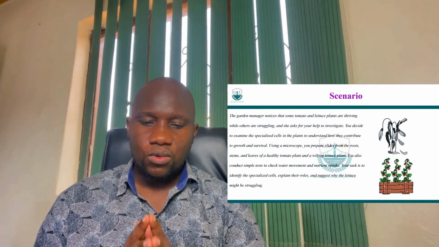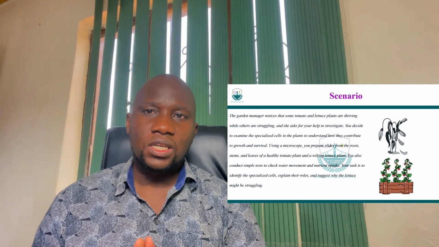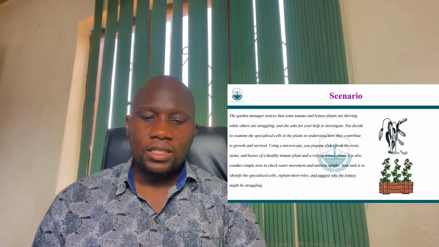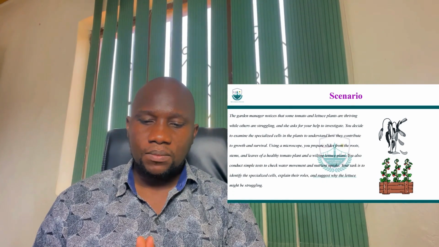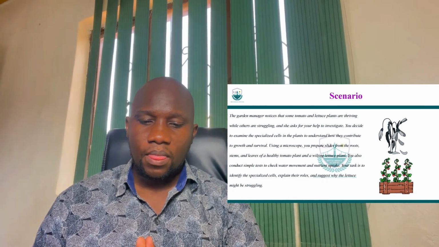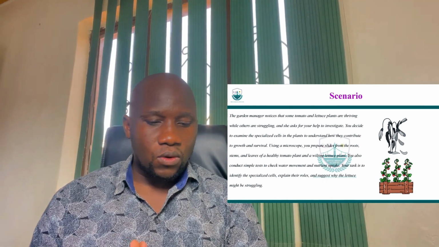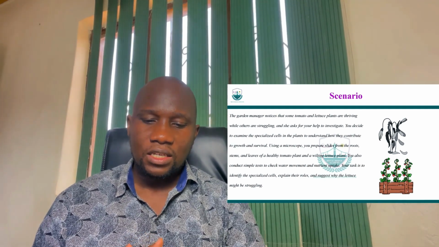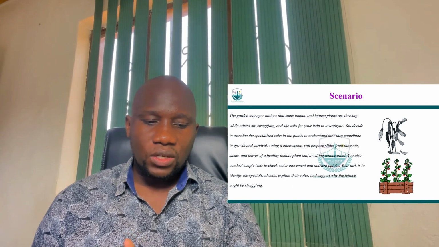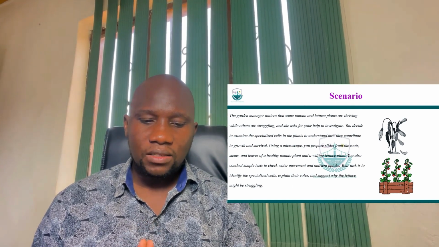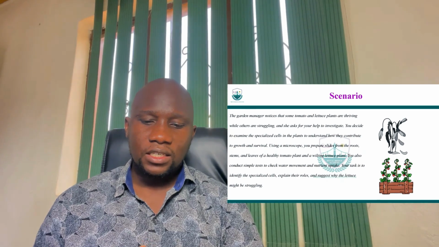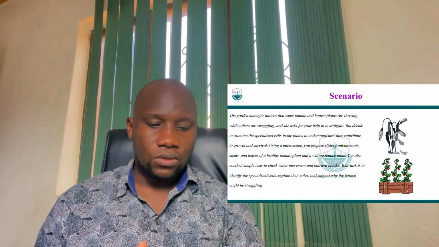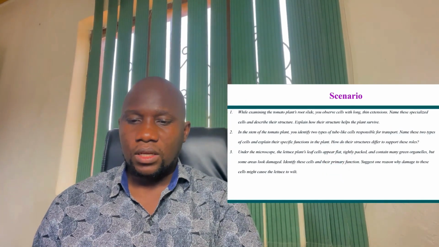Using a microscope, you prepare slides from the roots, stems, and leaves of a healthy tomato plant and a wilting lettuce plant. You also conduct simple tests to check water movement and nutrient uptake. Your task is to identify the specialized cells, explain their roles, and suggest why the lettuce might be struggling.